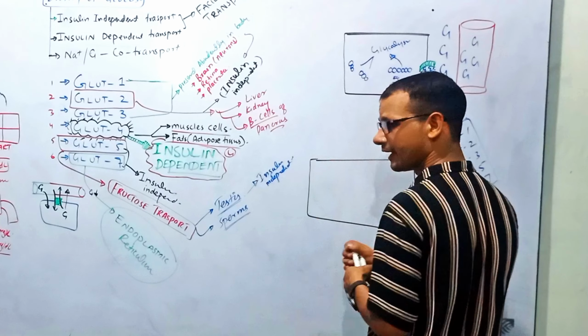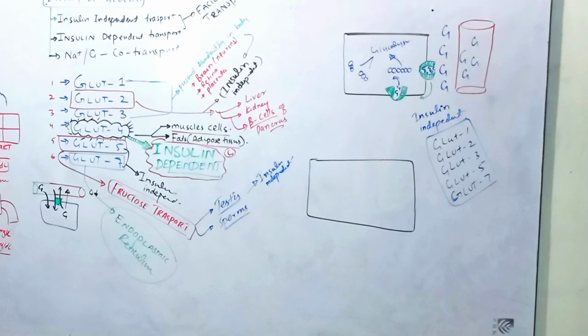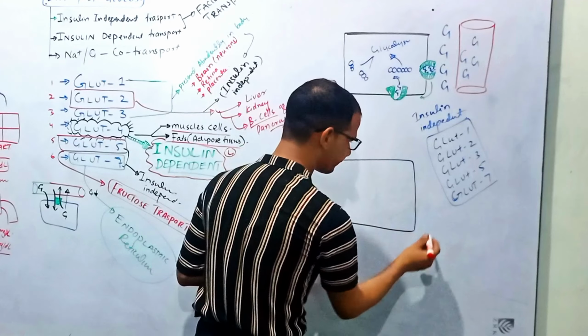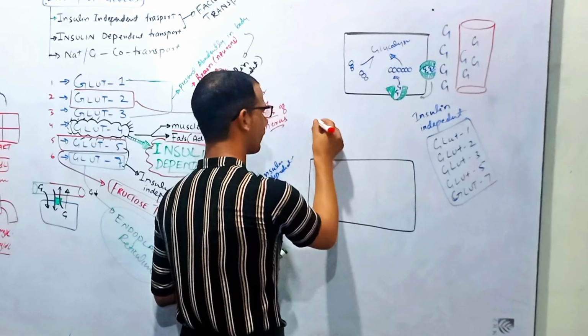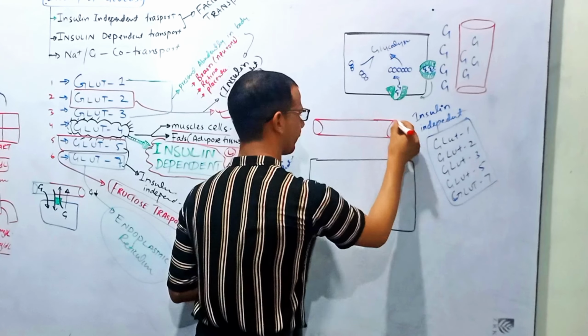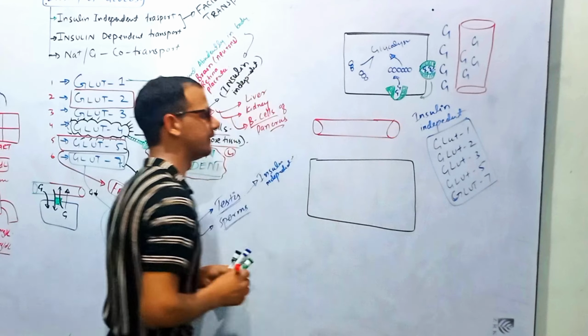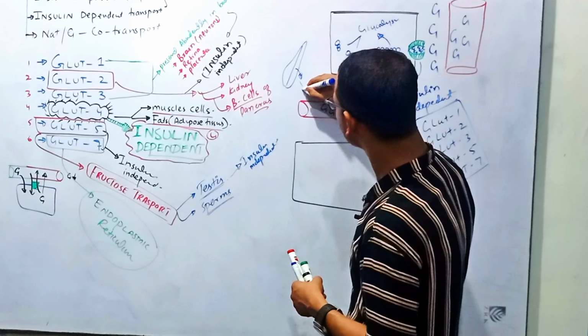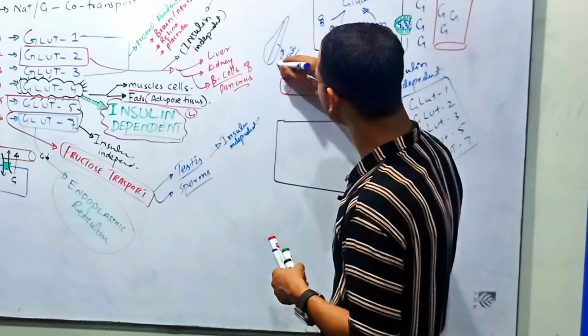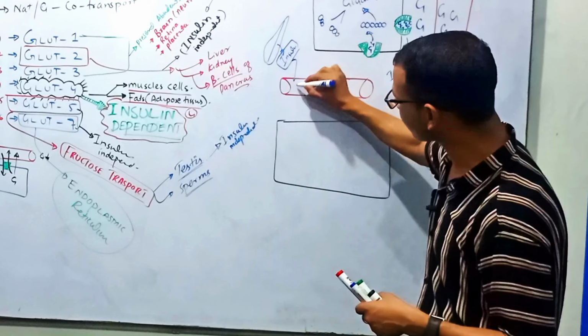Here, for example, I have the blood, and this blood has a lot of glucose, and when the glucose level increases in the blood, insulin will be released by the pancreas. So for example, the pancreas forms insulin, and insulin is also present in blood.